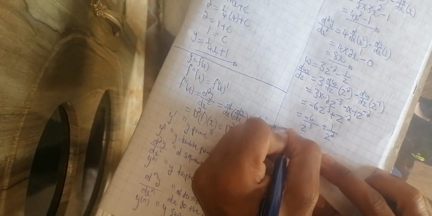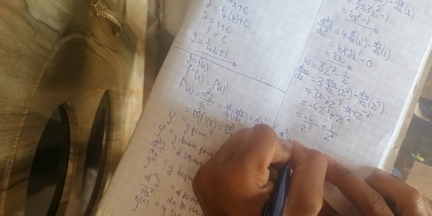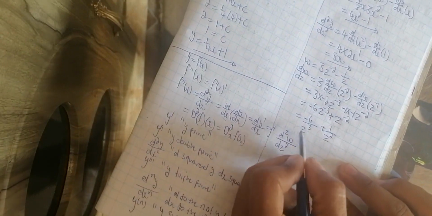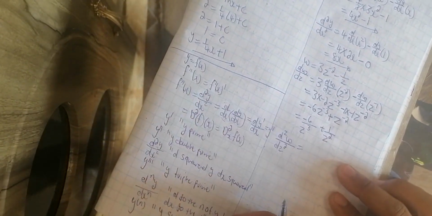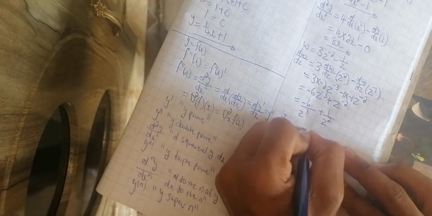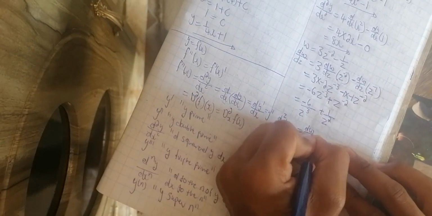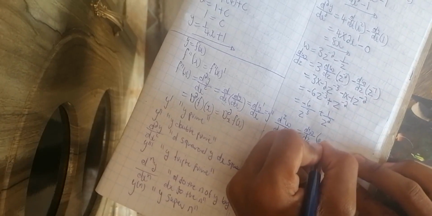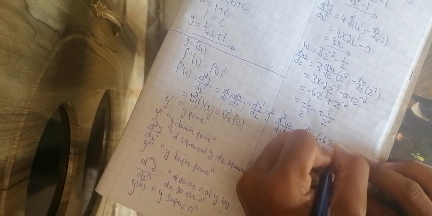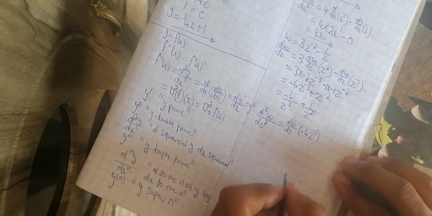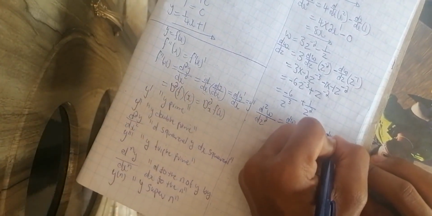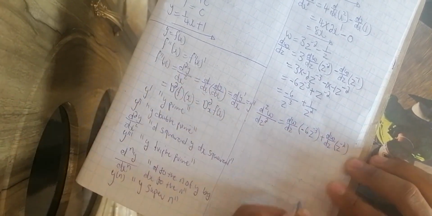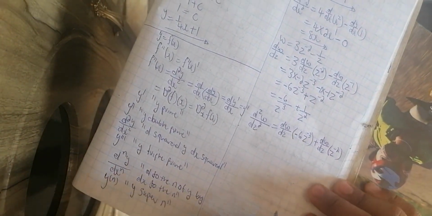So d squared w over dz squared would be equal to, now let's check, I can rewrite this: dw over dz of minus 6z to the minus 3, very good, plus dw over dz of z to the minus 2, very important.